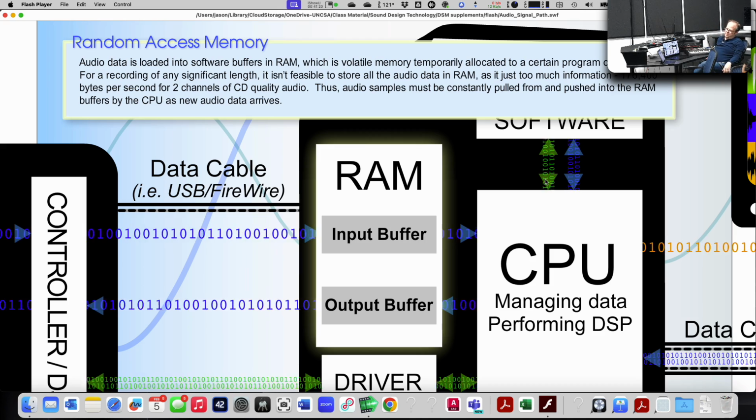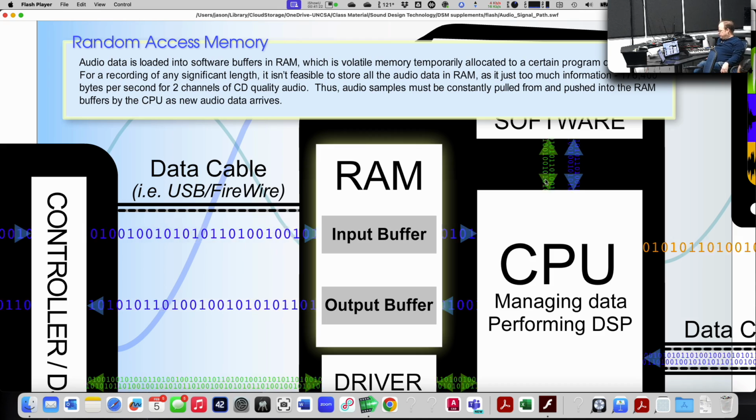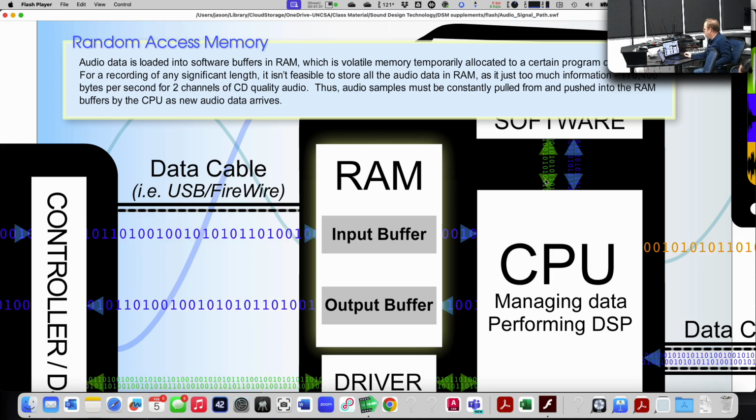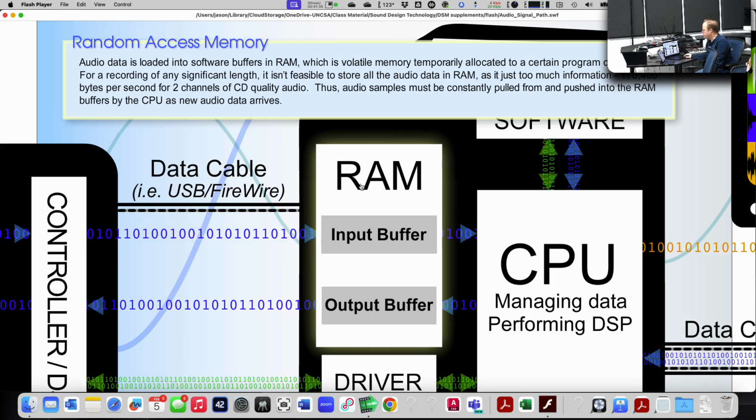So it's really fast, random access. This is where the CPU puts things that it's actively working with right now. So this digital audio comes off of the interface and goes straight into RAM.